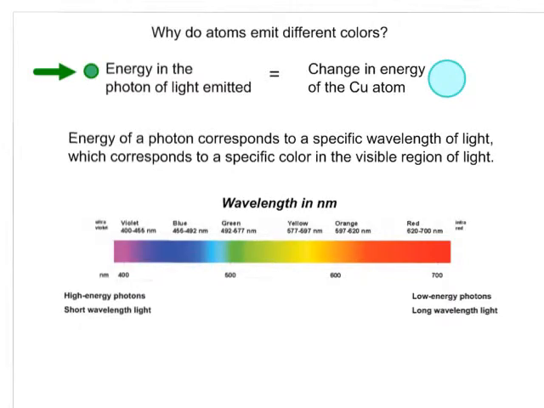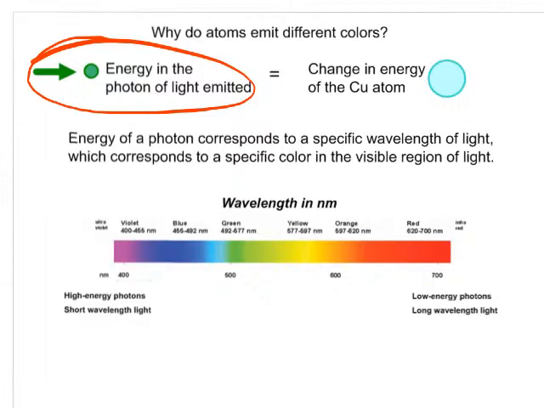Now, the obvious question, why do different atoms emit different colors? And that's a really good question. If we look at our example here of the copper, the energy that was given off in that little photon of light by the copper atom, the energy in that photon is exactly equal to the change in energy of the copper atom.